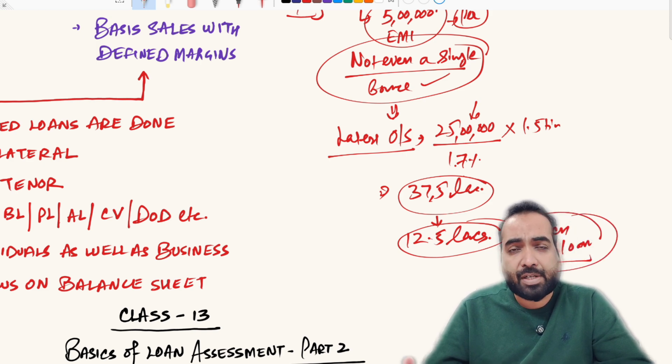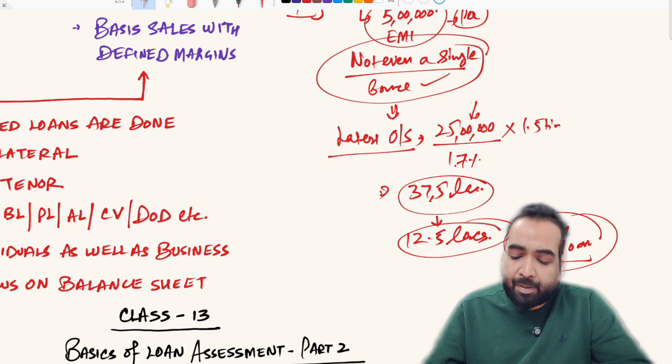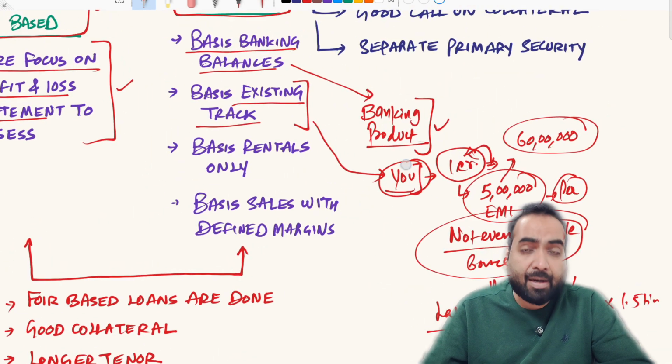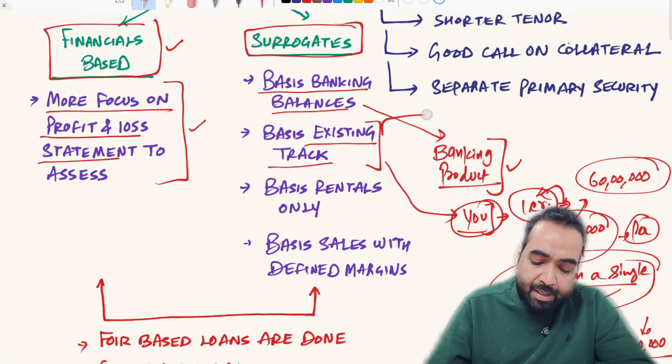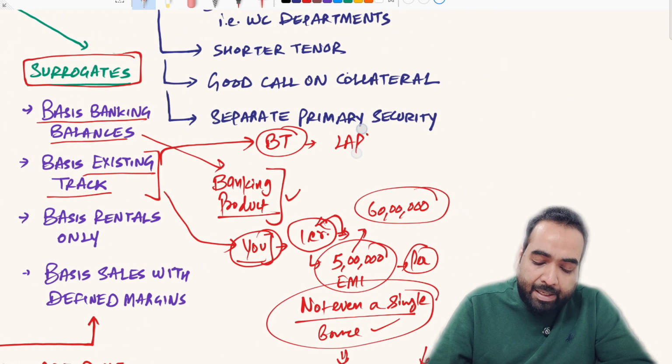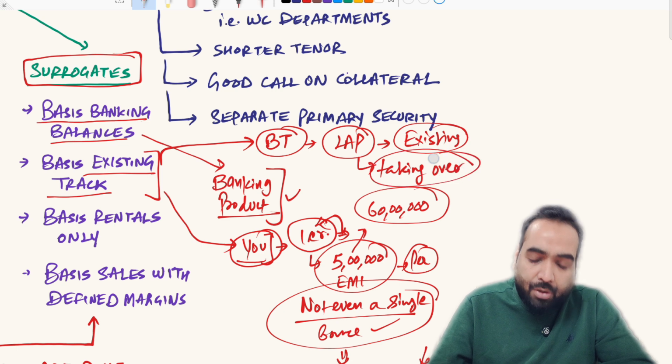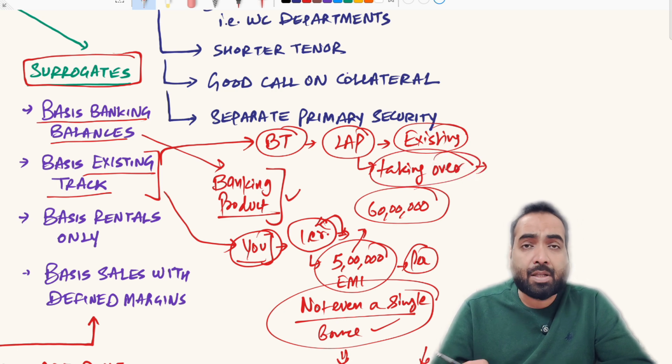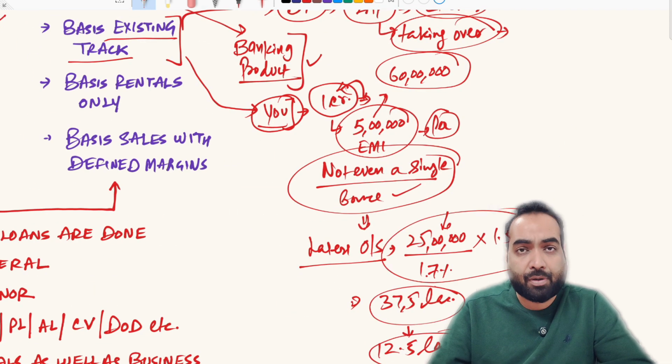Here the bank doesn't check any financials or doesn't believe in banking. They believe only in the running track of the borrower. So this product is applicable generally for loans which we have already given to the borrower, and in some banks there is another product related to this which is called the BT product, balance transfer product, in which if the client is having any LAP or any loan from an existing other banker and you are taking over that loan in your organization, then you can sanction the loan basis the satisfactory track of this loan, by applying this multiplier only, right?